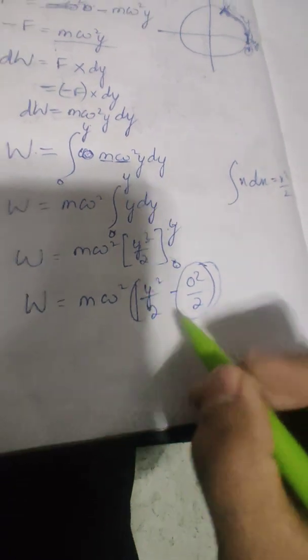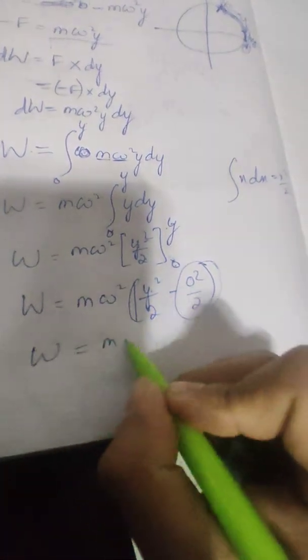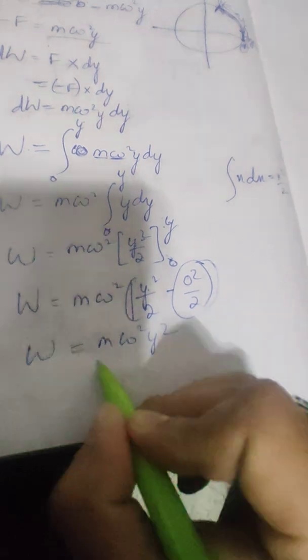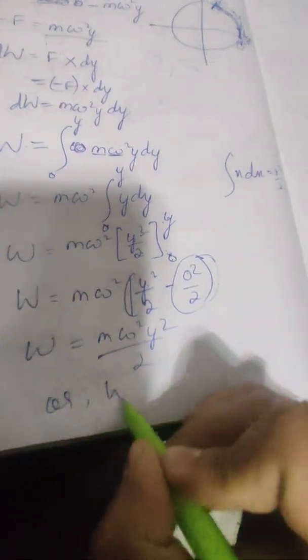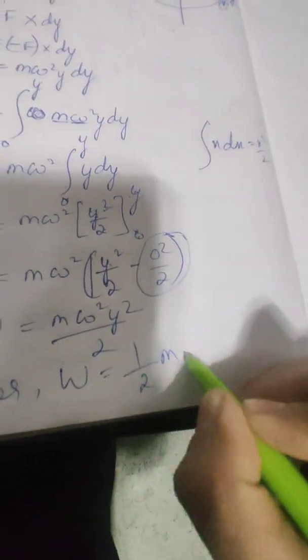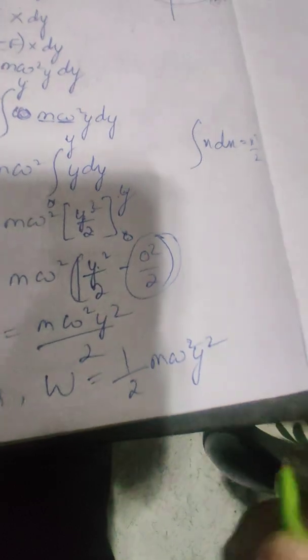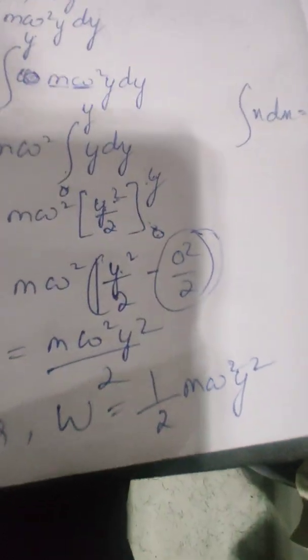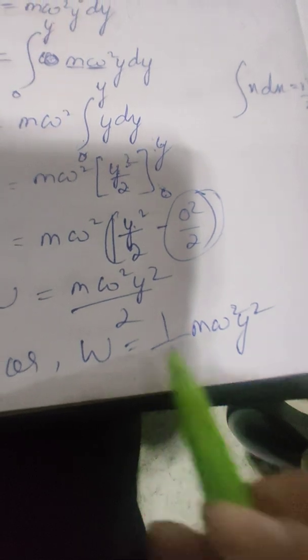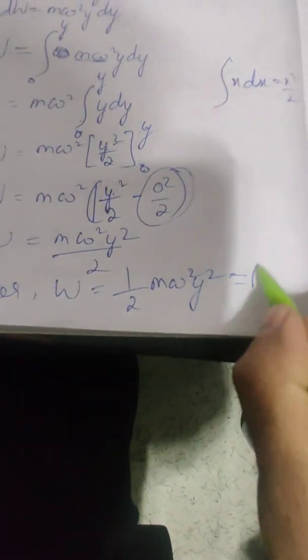So it will be m omega square y square by 2, or we can write half m omega square y square, okay? So this work done can be regarded as the potential energy. So half m omega square y square is the potential energy.